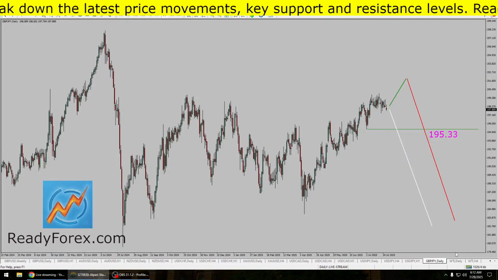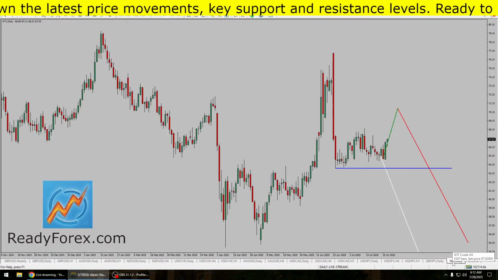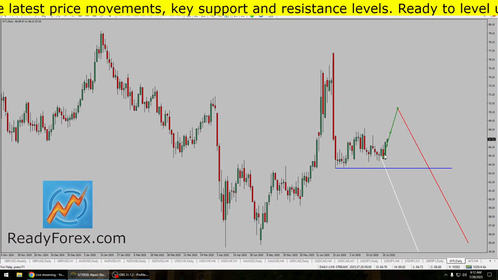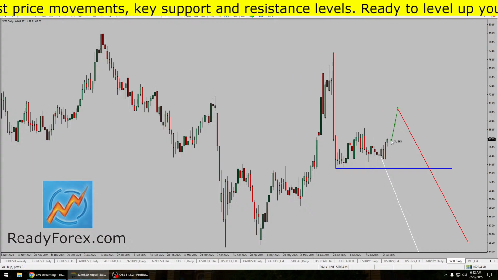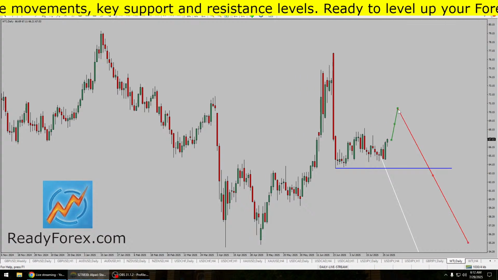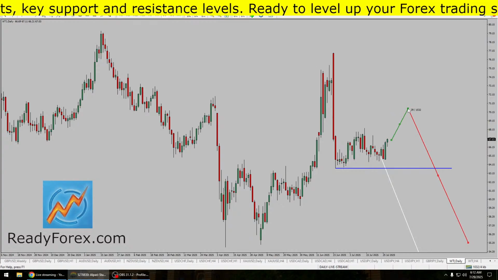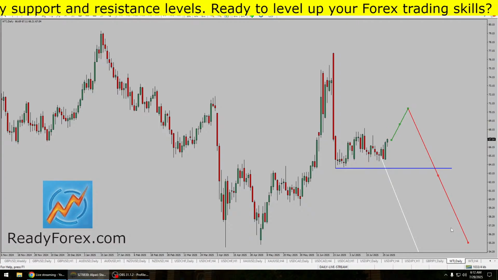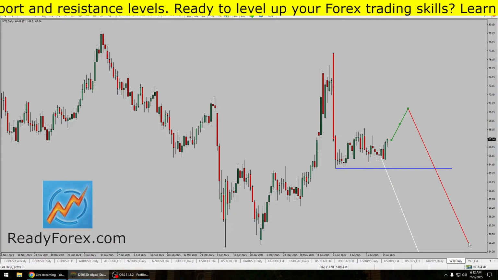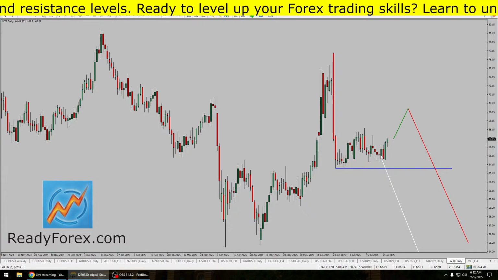Next, let us take a look at WTI crude oil. For crude oil, my forecast is bullish. The preferred wave suggests the market is going to rise, and WTI crude oil is going to create a bullish leg over here, a chance to join the downtrend.